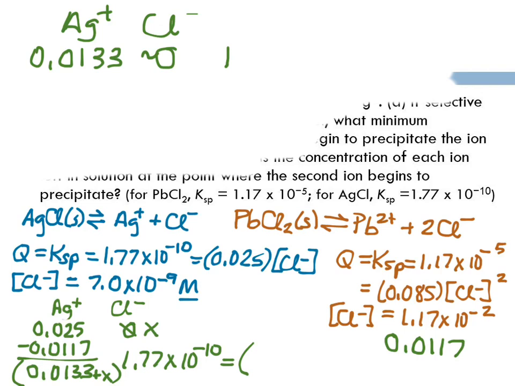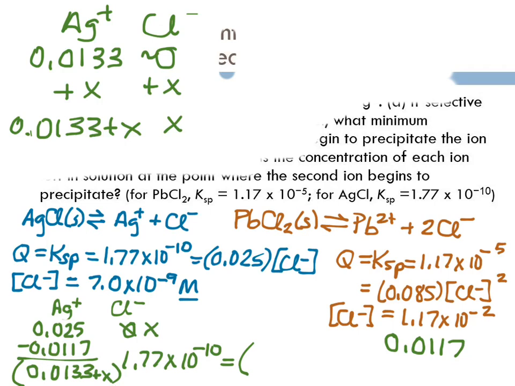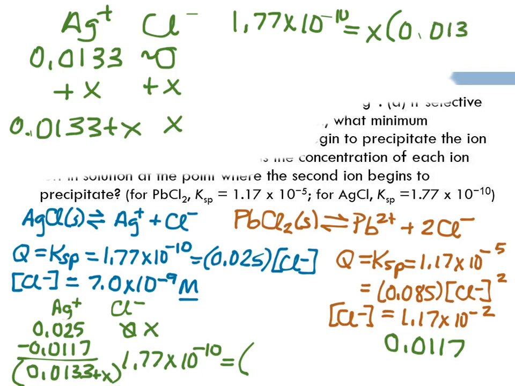We say it all reacted, but now it's going to come back a little bit. So this is going to be plus X, and this is going to be plus X. So we'll end up with 0.0133 plus X and X. That's what happens when you erase white. You see the letters underneath. So 1.77 times 10 to the minus 10 is going to equal X times 0.0133 plus X.